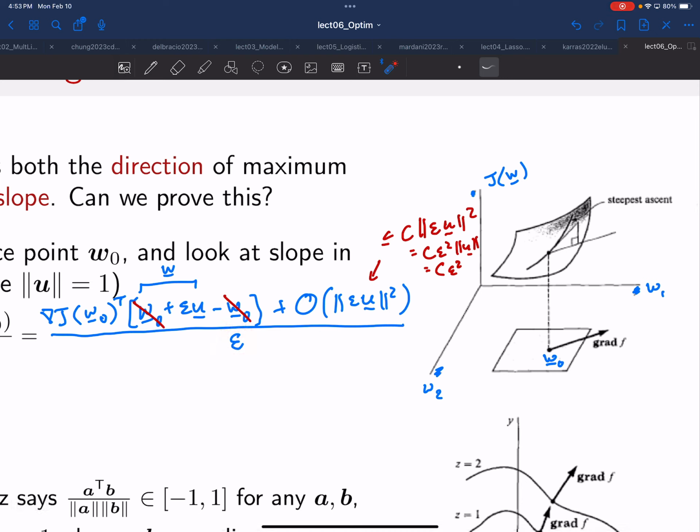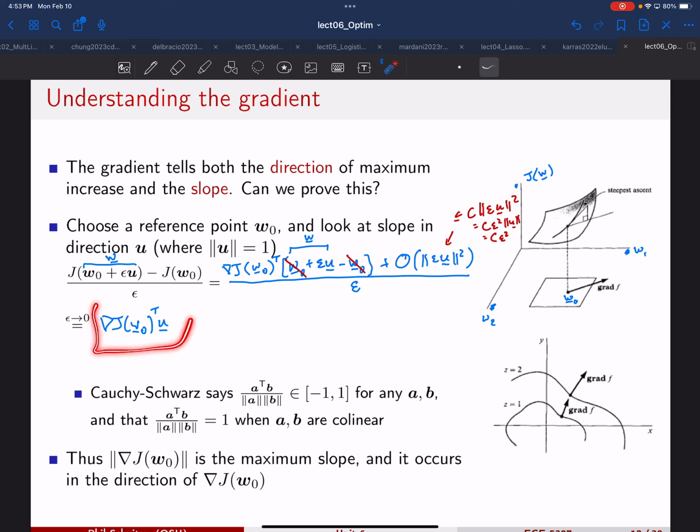So in total we're going to have C times epsilon for some C that we don't know. But when we look at epsilon going to 0, no matter what C is, as long as it's not infinite, that term is going to vanish. So that's gone, and this is all we have. Okay, is everybody good on how we got here?